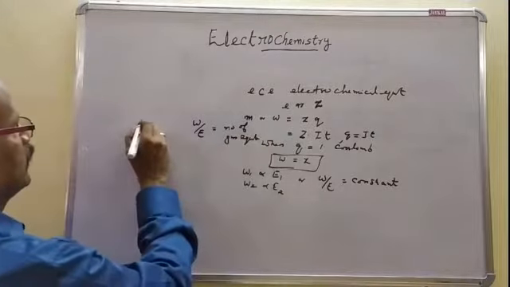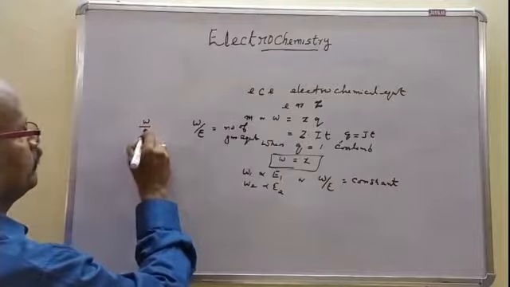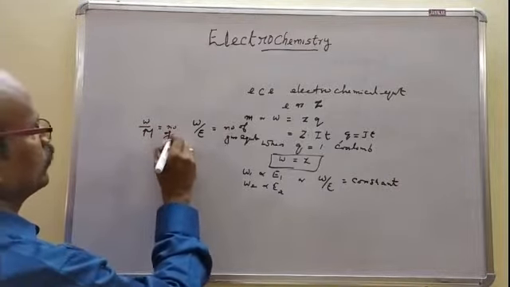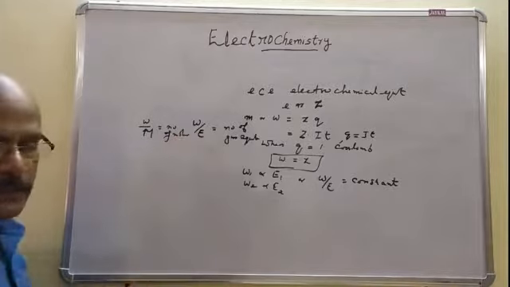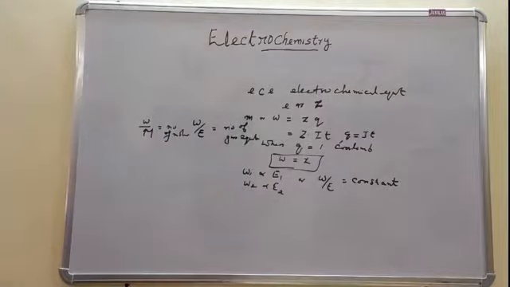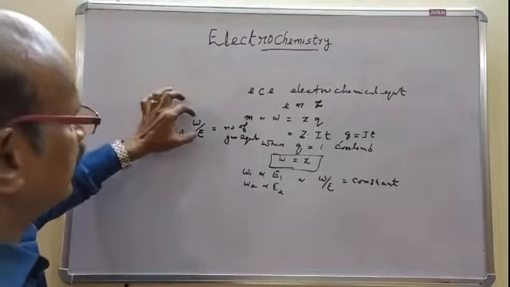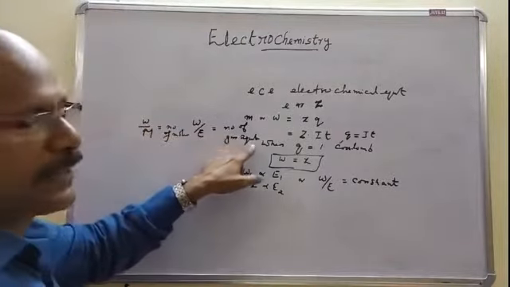Just like W by M is the number of moles, which you are familiar with, weight divided by molecular mass is the number of moles. Similarly, weight divided by equivalent mass is the number of gram equivalent.